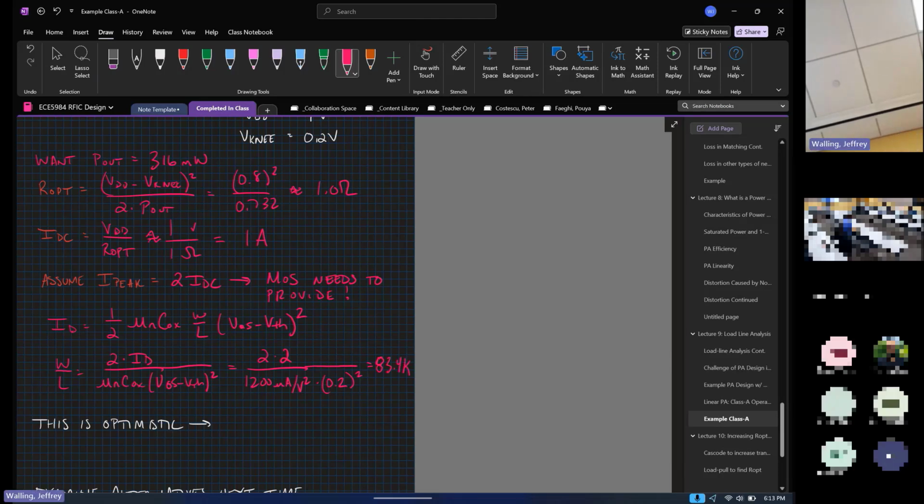You need a transistor width over length that's approximately 83.4 thousand, or more.